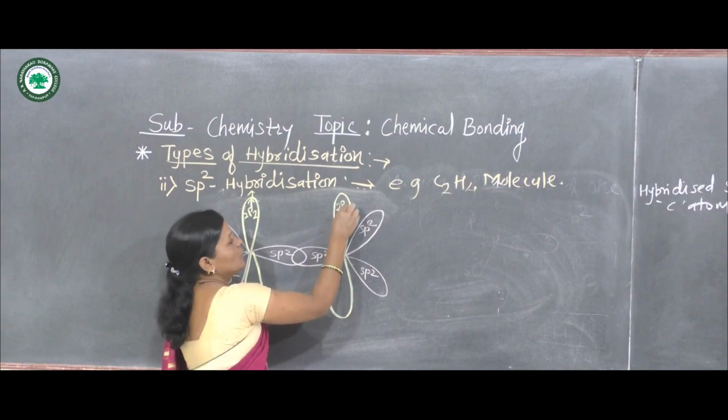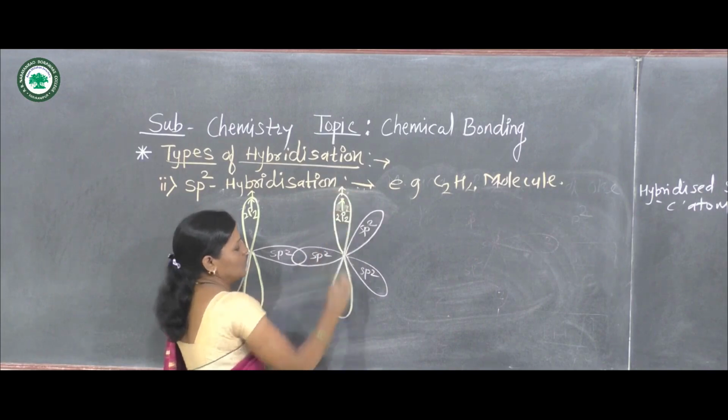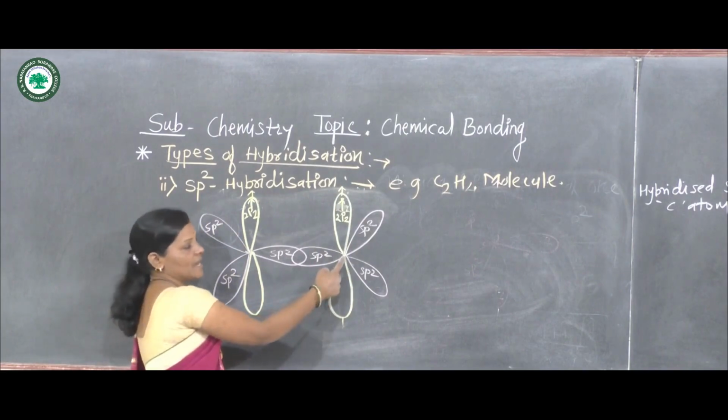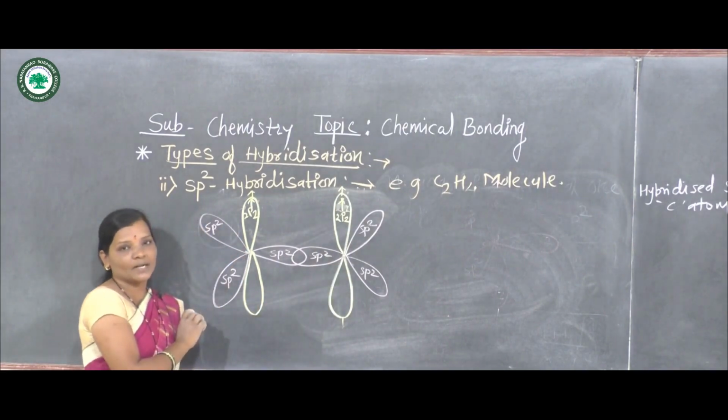Now here the 2pz orbital carries a single electron, which is an unhybridized orbital. Now here at the center the second carbon is present, at the center the first carbon atom is present.